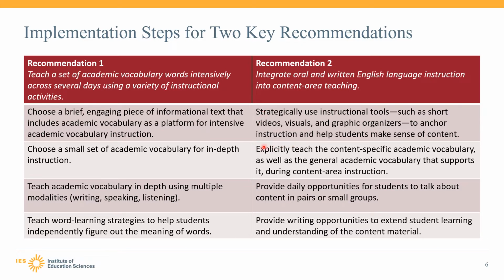The second is explicitly teaching the content-specific academic vocabulary as well as general academic vocabulary that supports it during content area instruction. The third implementation step talks about providing daily opportunities for students to talk about content in pairs or small groups. So this is oral language practice emphasis. And then provide writing opportunities to extend student learning and understanding of the content material.